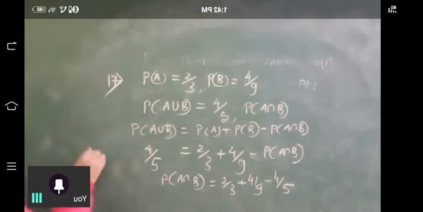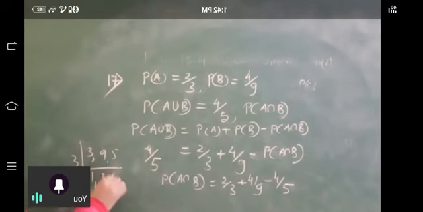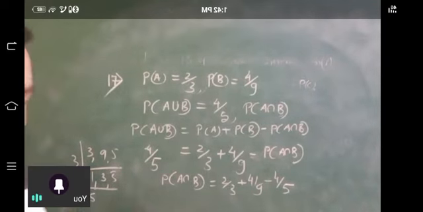Now the LCM of 3, 9, 5 is: 3 ones are 3, 3 threes are 9, 5, 3 and then 5. 3 threes are 9, 9 fives are 45. So the LCM is 45.